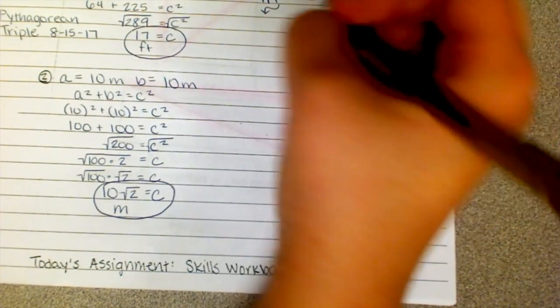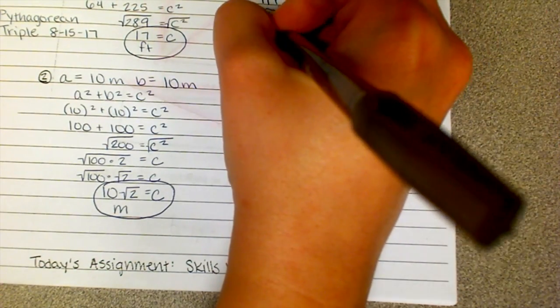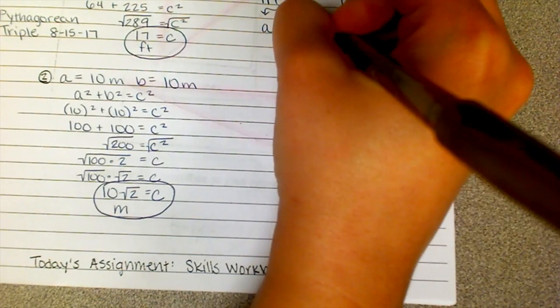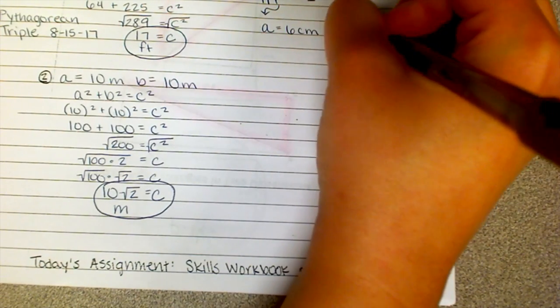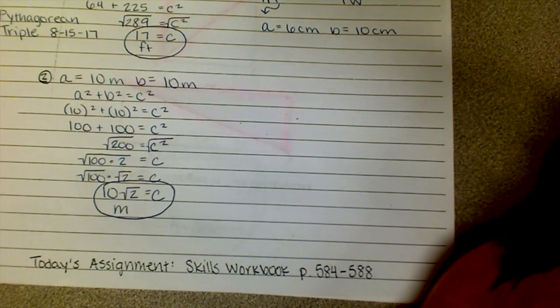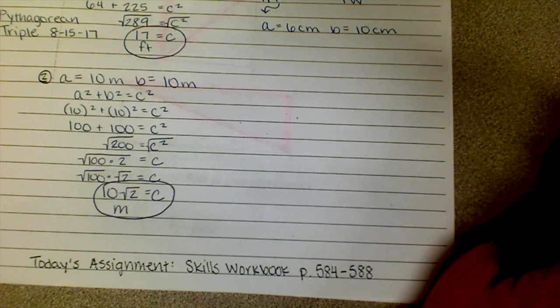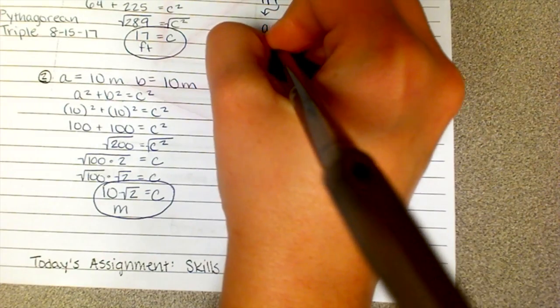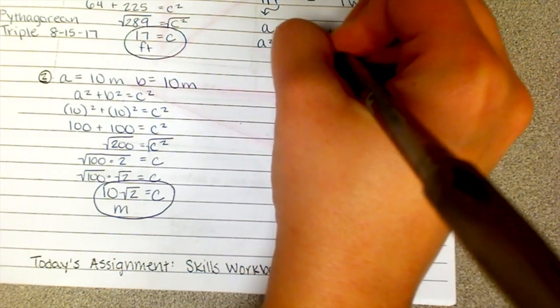So to find the radius, we know A equals 6 centimeters and B equals 10 centimeters. A squared plus B squared equals C squared.